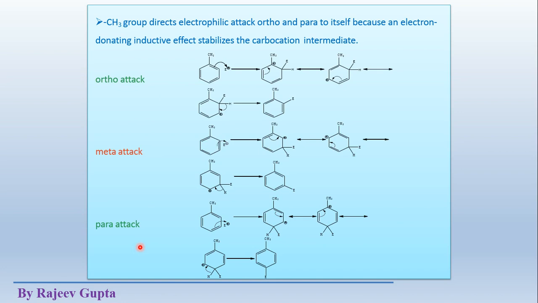So when we see the alkyl groups, these alkyl groups are always ortho directing and para directing. These are not meta directing, or we can say that the meta product obtained will be a very minor product. The major products will be ortho and para. Okay, so this is the whole description of how these alkyl groups are ortho and para directing.